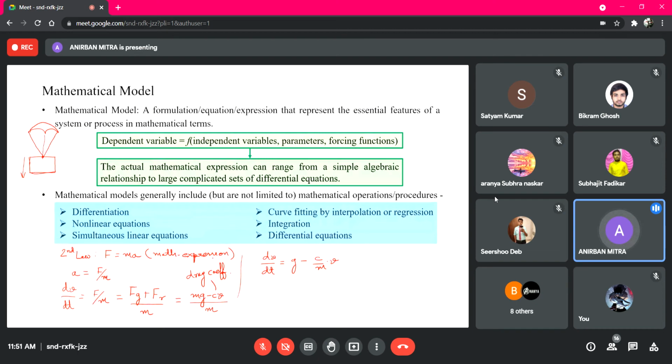This will be expressed again in terms of a mathematical expression, which will consist of these system parameters as well as the independent variable.